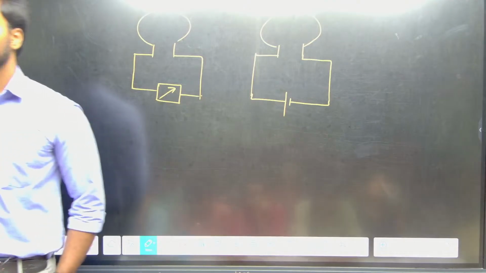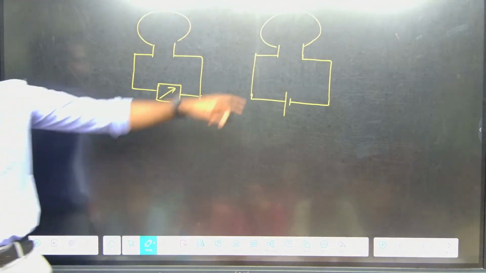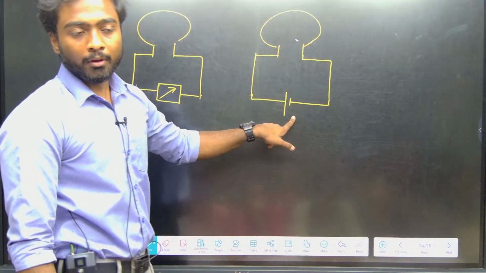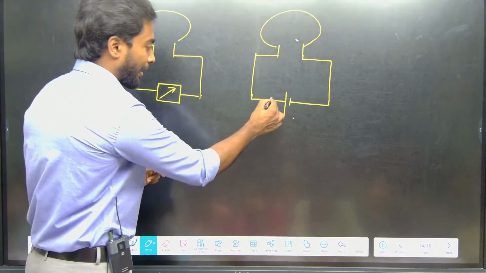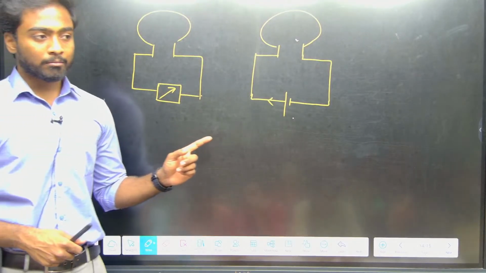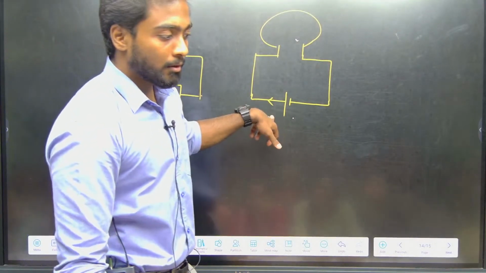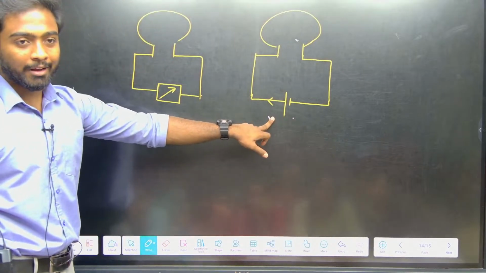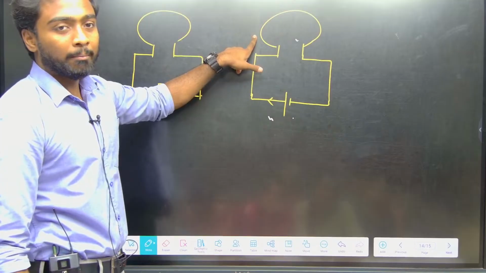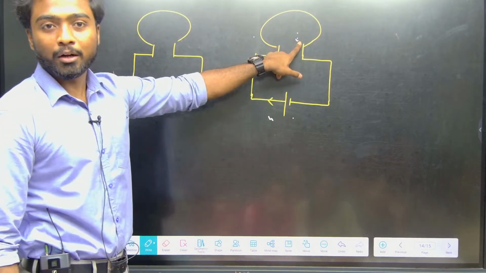Listen. So there is a conductor I have taken which is connected with a battery. If battery is connected, obviously the current will be flowing, no? Yes or no? If I have switched on the switch, the current flows to the maximum. When it flows to the maximum, obviously the magnetic field will be created or not?